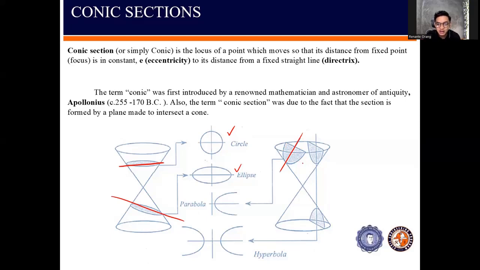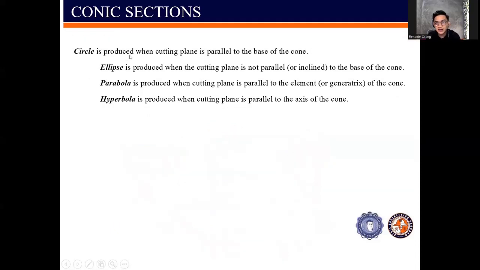And then last one, if our cut is perpendicular, meaning 90 degrees with our base, what we form is a hyperbola. So again, a circle is produced when the cutting plane is parallel to the base of the cone.